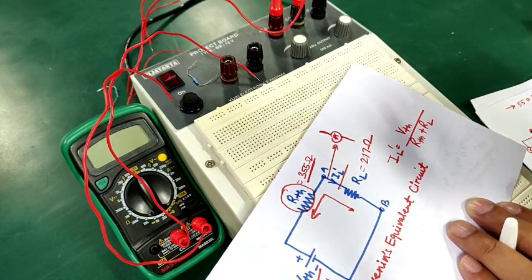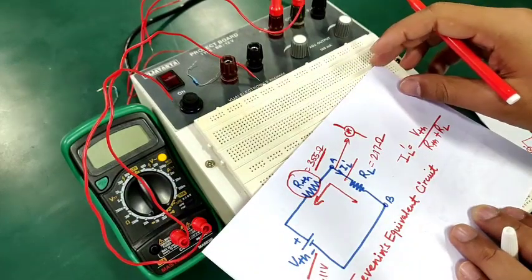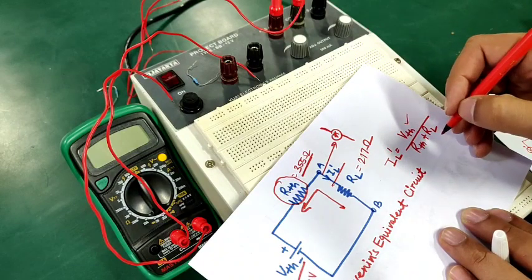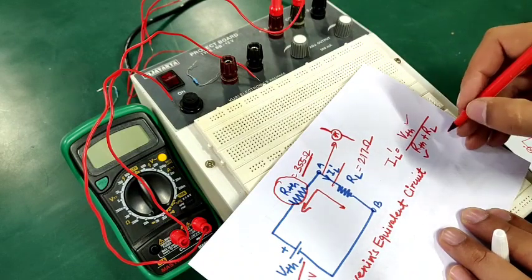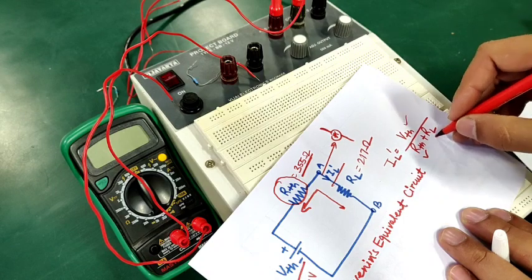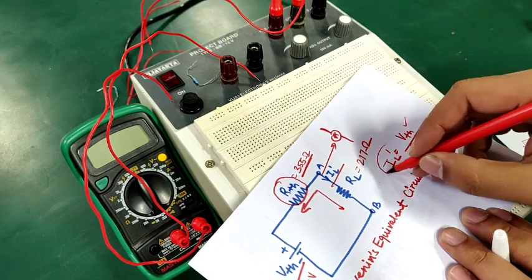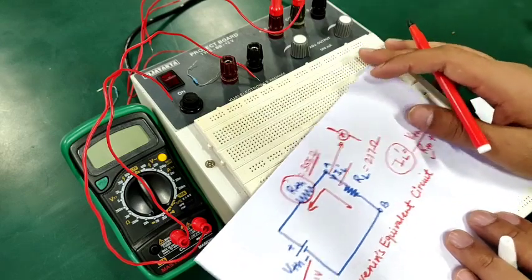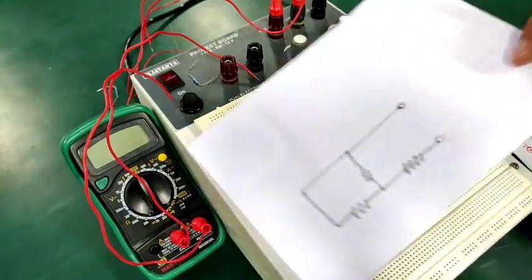In this case, this VTH we have calculated practically, this RTH we have also calculated practically, and this RL also. So the IL dash which we are going to get will also be the practical value of current.